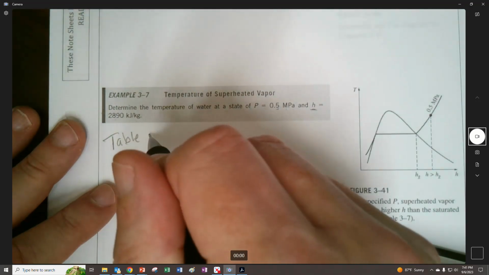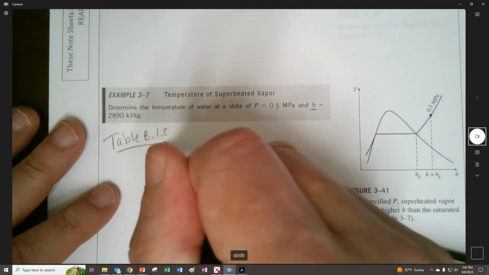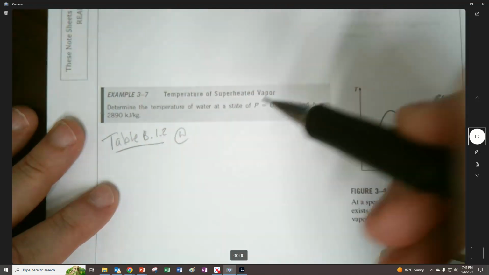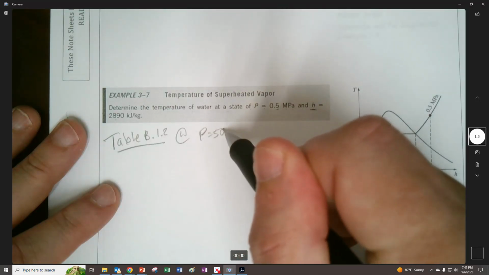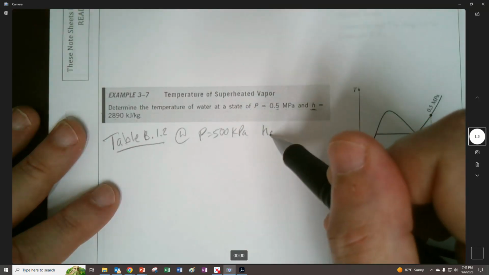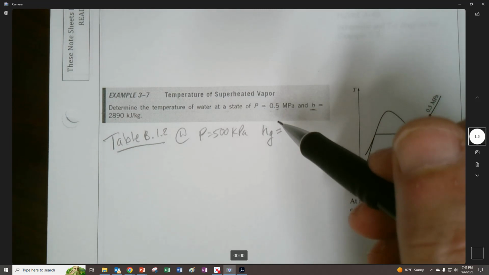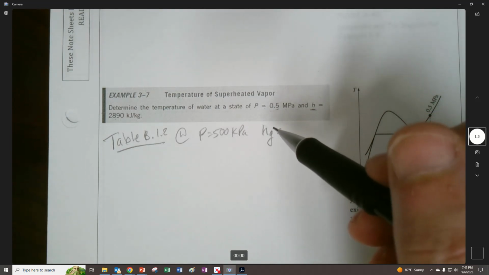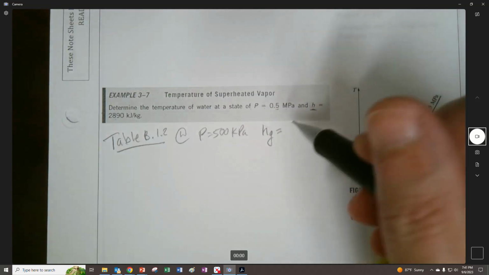So, table B.1.2 at P equals 500 kPa. Hg is equal to, I just had it, 2706, is that right? 2706.